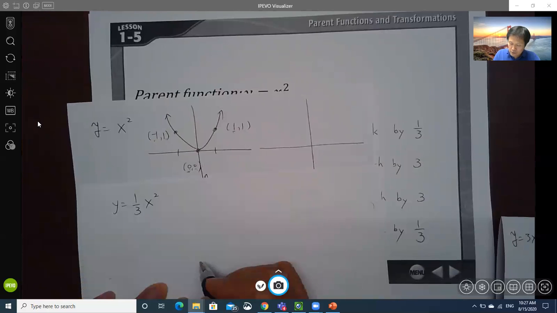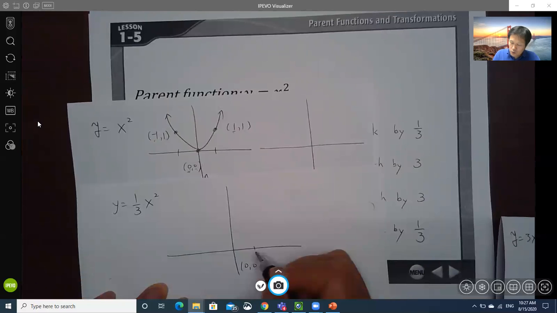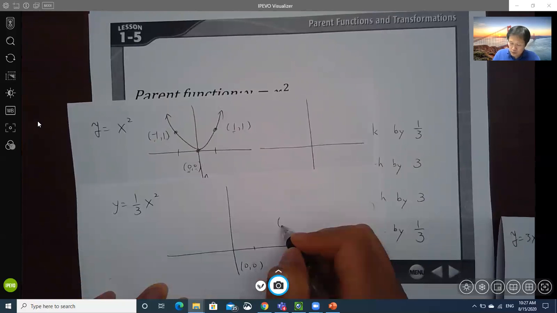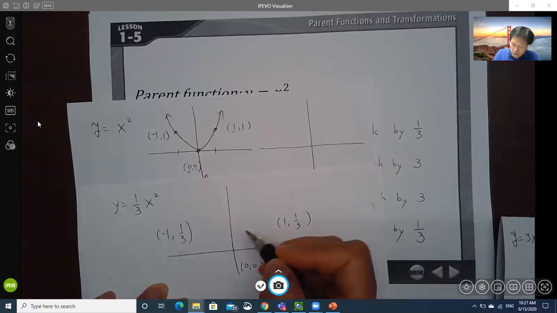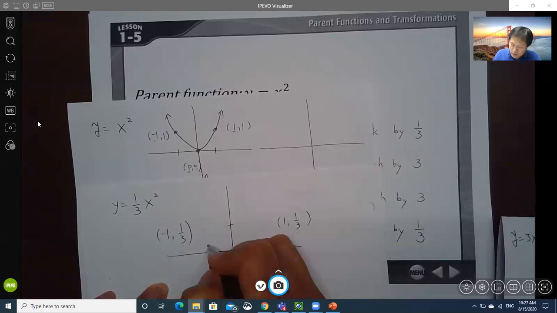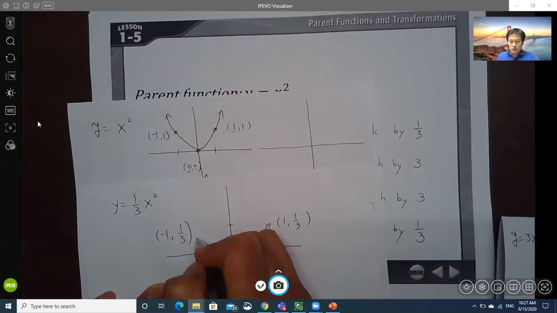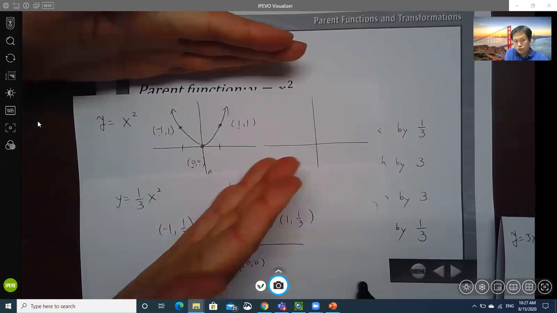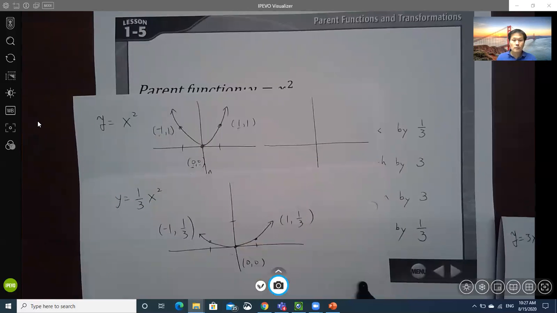So it's going to look something like this. 0, 0, then 1 comma 1/3, and minus 1 comma 1/3. So your graph would look something like this. Okay. So vertically, you're going to squeeze it. Squeeze. Okay.